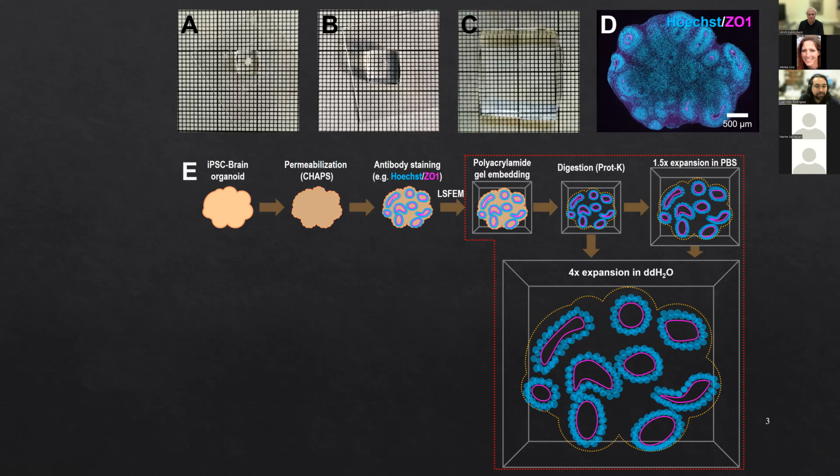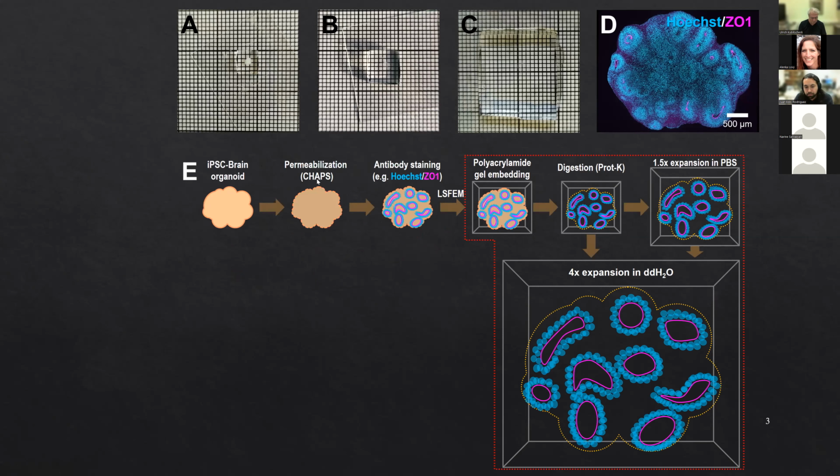As Uli mentioned, we have this expansion factor up to 4 times, and in the bottom we have a general sketch of what we are doing with these human induced pluripotent stem cell based organoids.